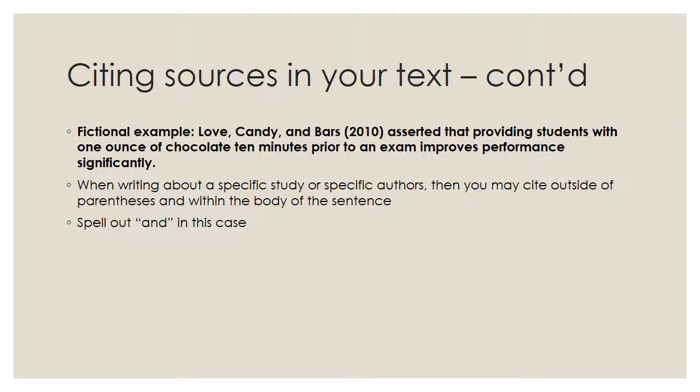So here you're writing about a specific study, so maybe you don't want to put them in parentheses at the end of the sentence, so maybe you want to put more emphasis on the specific authors or the study. And here you would spell out and in this case when you have more than one author. You don't use an ampersand when you are citing within the body of the paper like this.